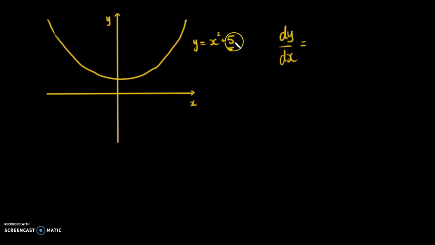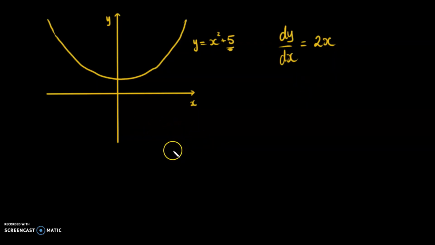So any number, any constant in the function disappears, and only the parts with x's in actually matter. So the differentiated function would look like this, 2x, exactly the same as the one before, which was y equals x squared.